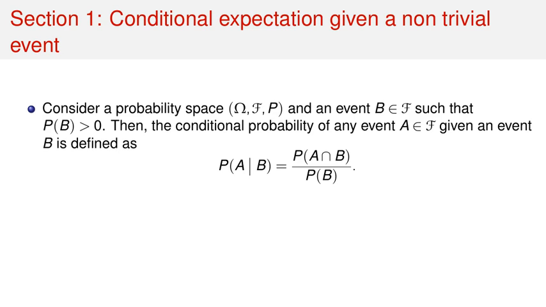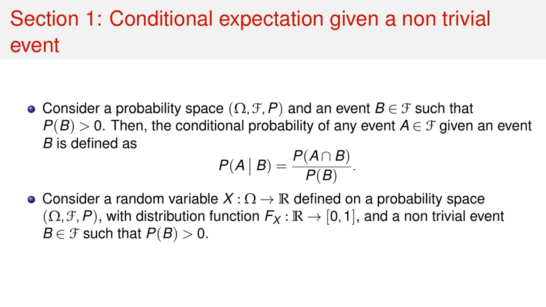Then, as you recall, the conditional probability of any event a in script f given the event b is defined as the probability of a given b equals the probability of a intersect b, all divided by the probability of b.